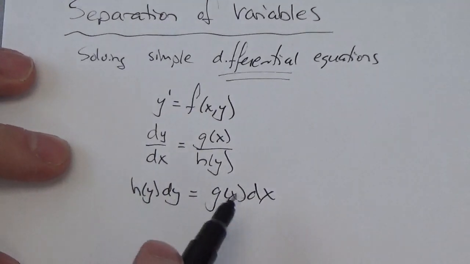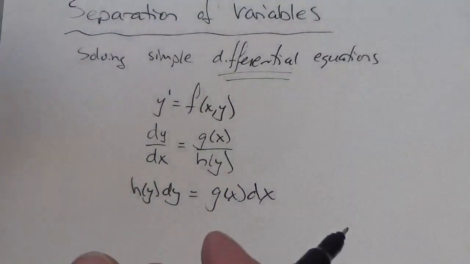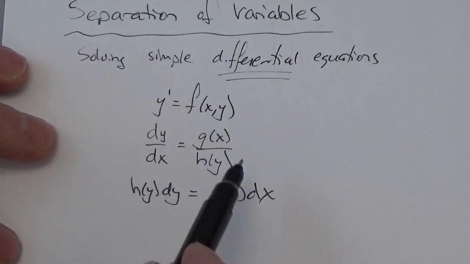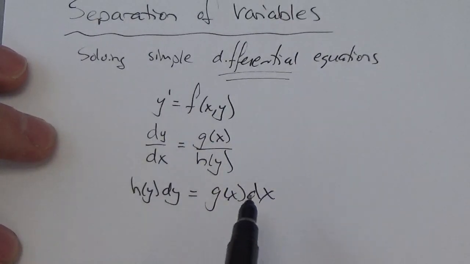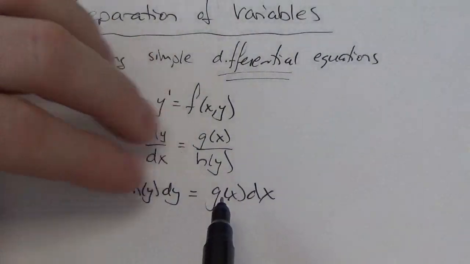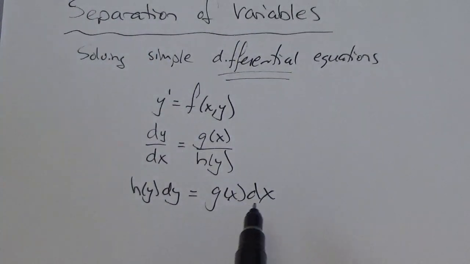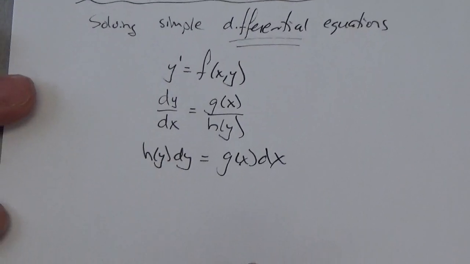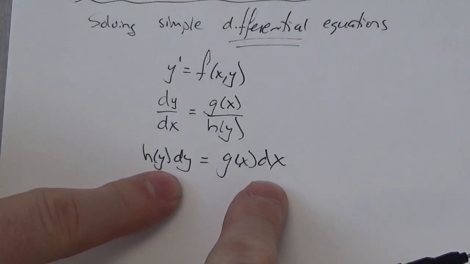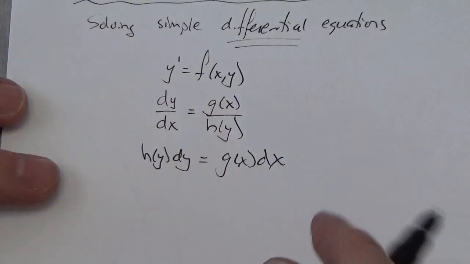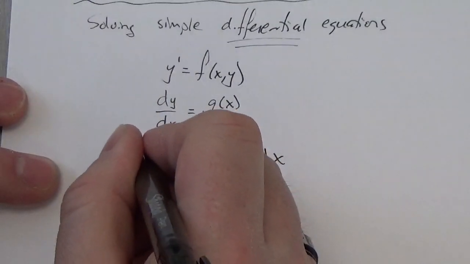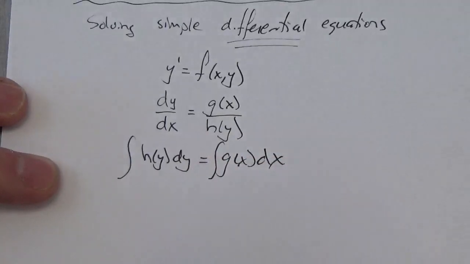In other words, I can get the parts of the expression that are functions of y and combine them with the differential of y, just like I can take the part of the expression that's a function of x and combine it with the differential of x. If you look at that notation, this is almost at an integral, so now I can integrate both sides of the equation.